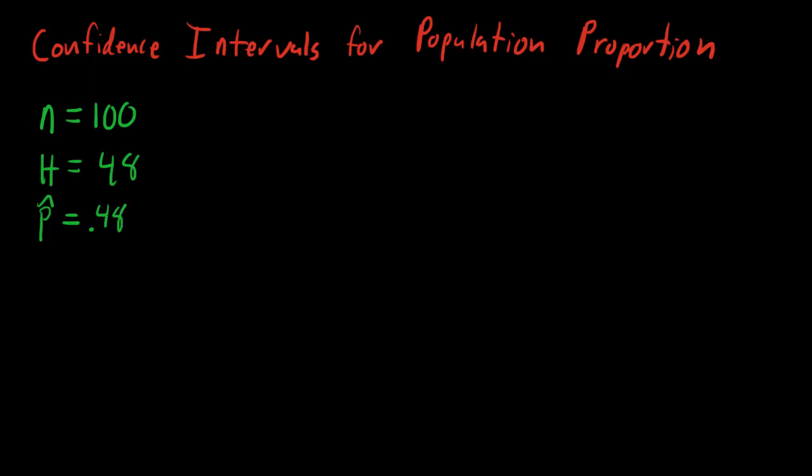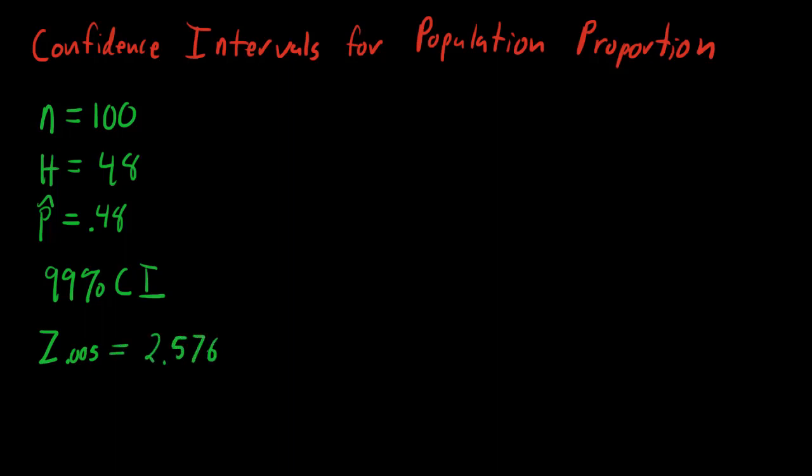Then we're going to try to find a 99% confidence interval, which means our alpha is 0.01. So our alpha divided by 2 is 0.005.